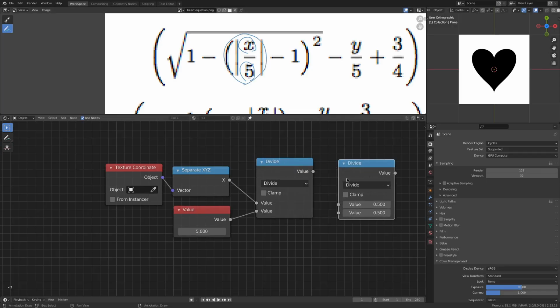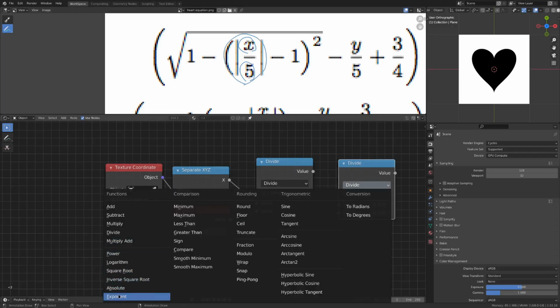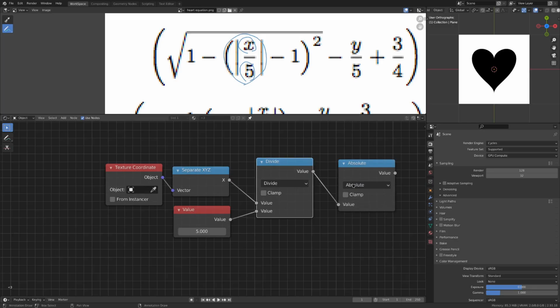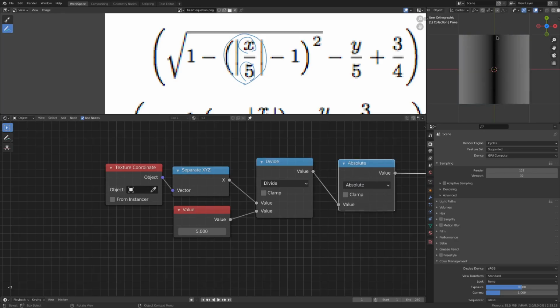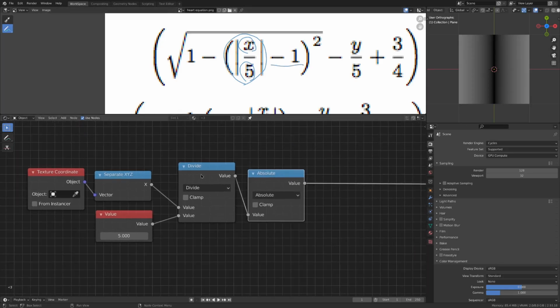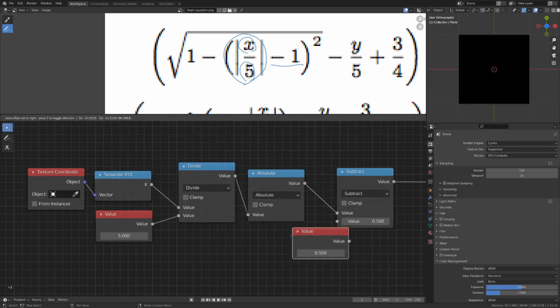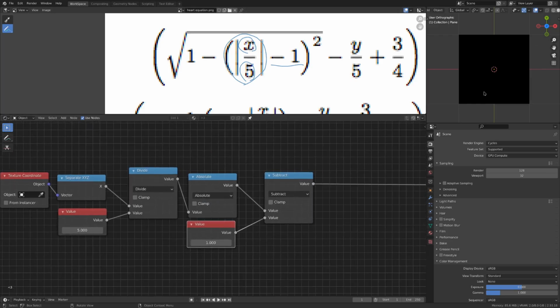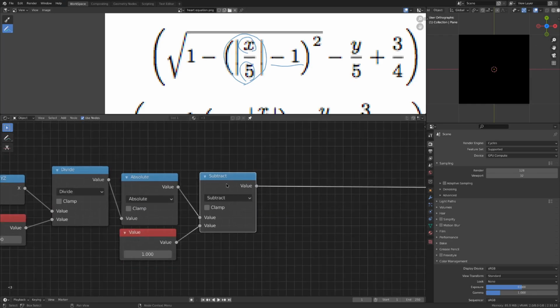So copy this, and we're going to make them absolute here, and let's see how it goes. And we'll get this gradient looking thing here, and we're going to subtract with 1. So switch it to subtract and change the value to 1, and we'll get this completely black one. I don't know why it makes this completely black, but let's keep going.